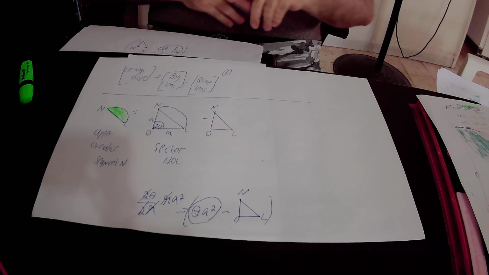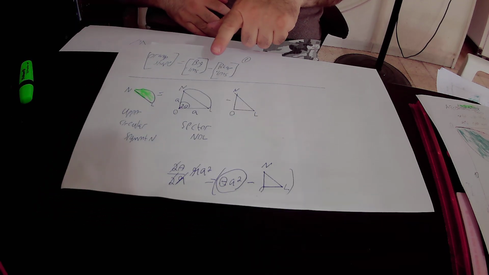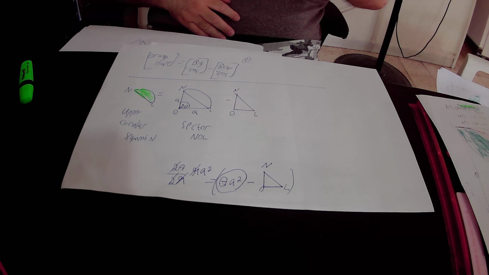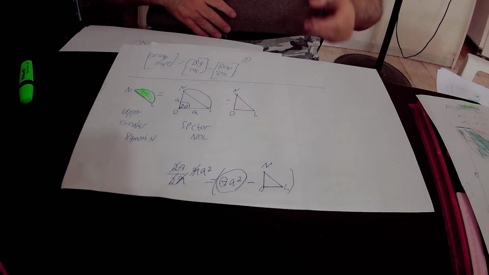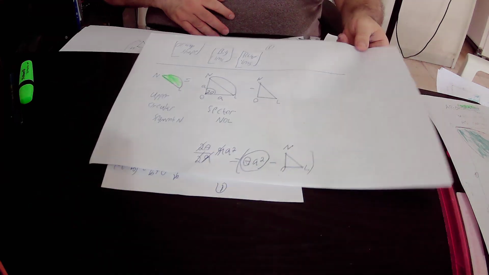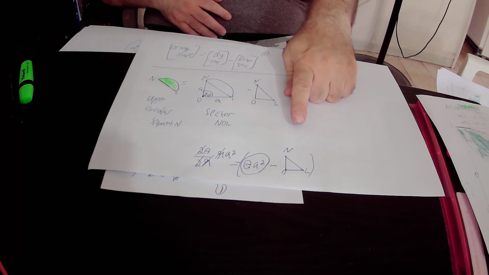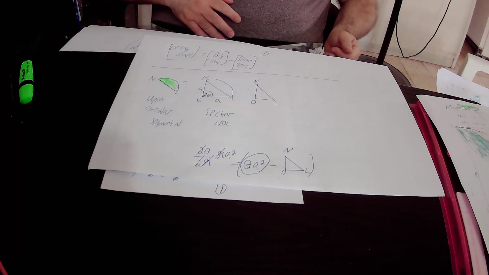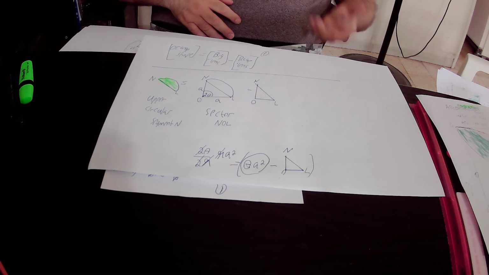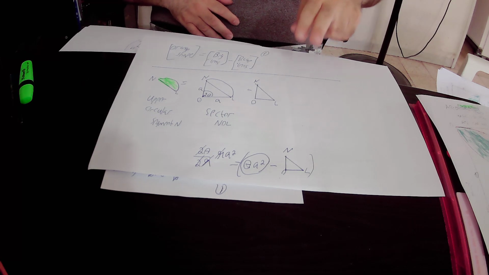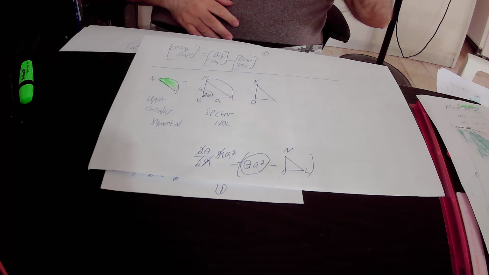So here, the area of sector NOL equals theta a squared, and we have to subtract from it the area of triangle NOL. Actually, we don't need to calculate the area of triangle NOL because we combine this triangle with the other triangle and we get the area of the two triangles in another way.